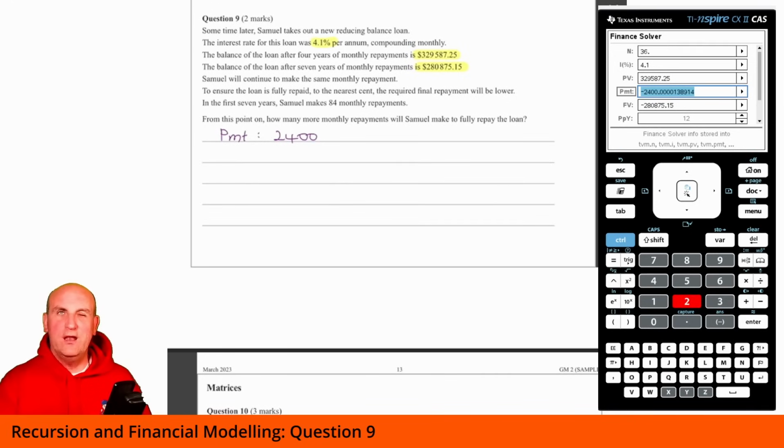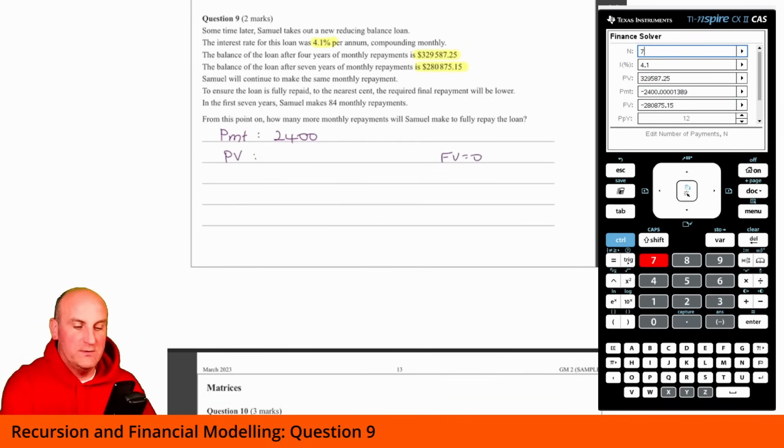Well, to clear the loan, I know that my final value has to equal 0, but for that, I would need to know what my principal value is. Well, how am I going to find my principal value? Oh, hold on a moment. I know what my final value was after 7 years. So I now know that that was created by 7 times 12 payments. Everything else is there.